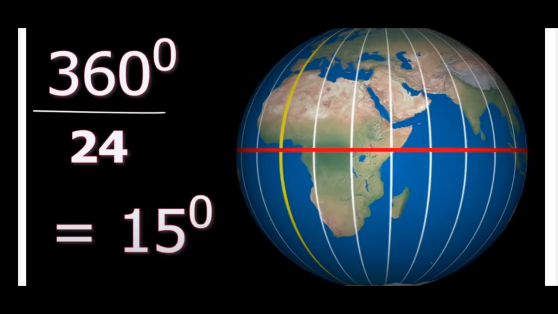It means the earth takes 1 hour to cross 15 degrees of longitudes. If these 15 degrees of longitudes lie in the west of Greenwich, it is 1 hour behind Greenwich mean time. And if these 15 degrees of longitudes lie in the east of Greenwich, it is 1 hour ahead of Greenwich mean time.